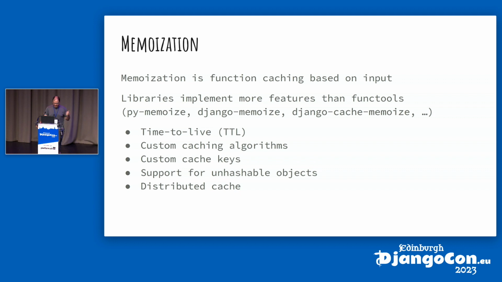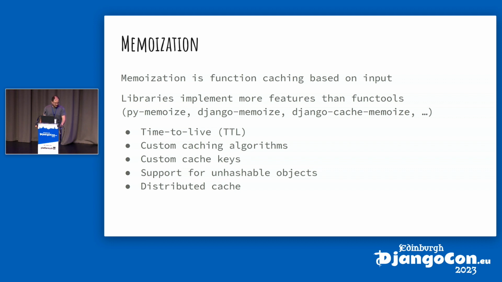But most of them add useful features like time to live. So I set a cache now, and after 10 minutes, this cache is useless, so I don't have to track that. The library will handle that for me. I can use custom caching algorithms, so not only least recently used, I can, I don't know, first in, first out, and other things.